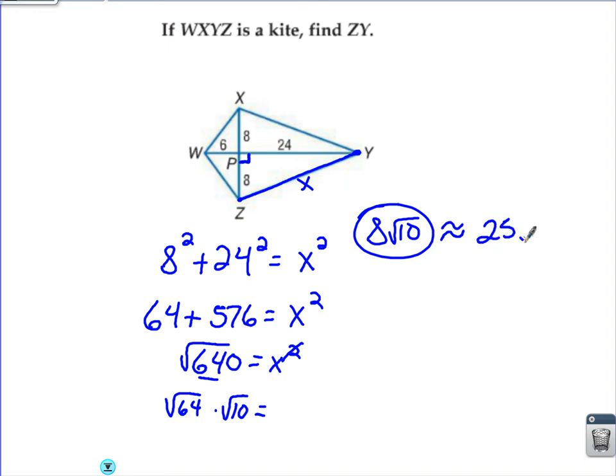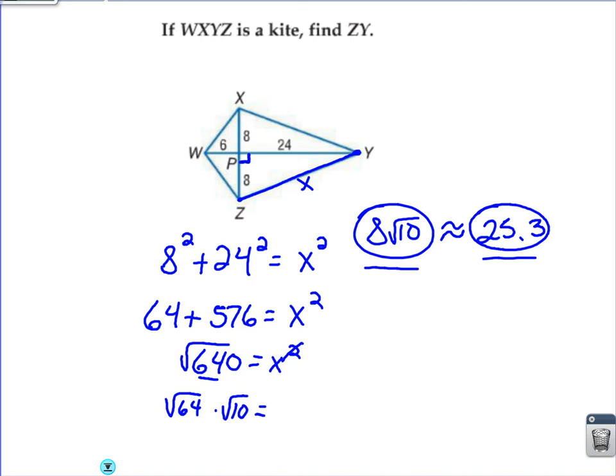Just give me one decimal. That's good. 25.3 rounded. Now let's check our first answer. Somebody type in square root of 10 times 8. Okay, 25.3. Same thing. Exact answer, approximate answer.